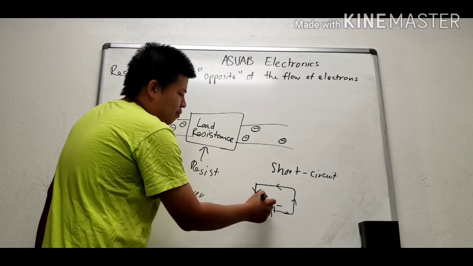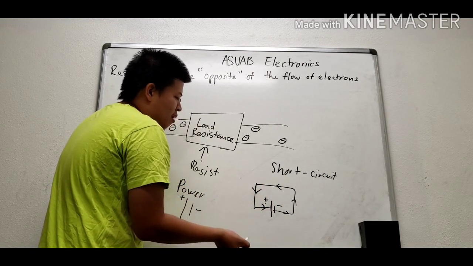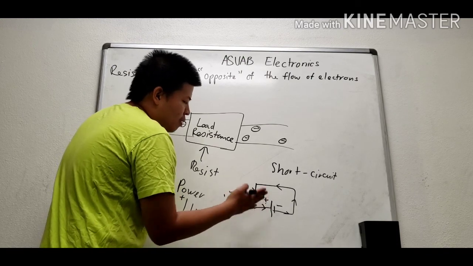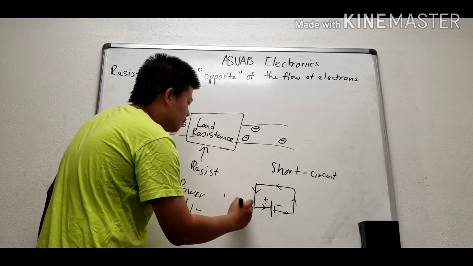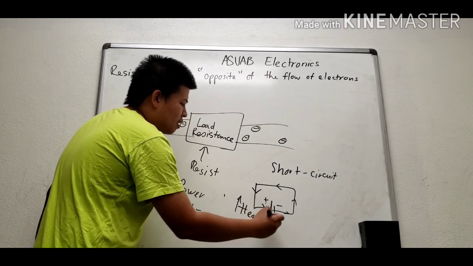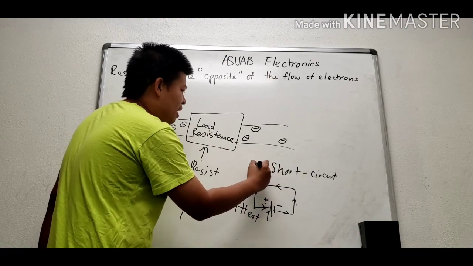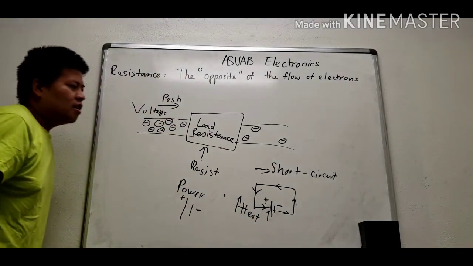If too many electrons hit the battery, they will increase the heat. Too much heat goes up. That's why the battery will explode and we can create a short circuit.